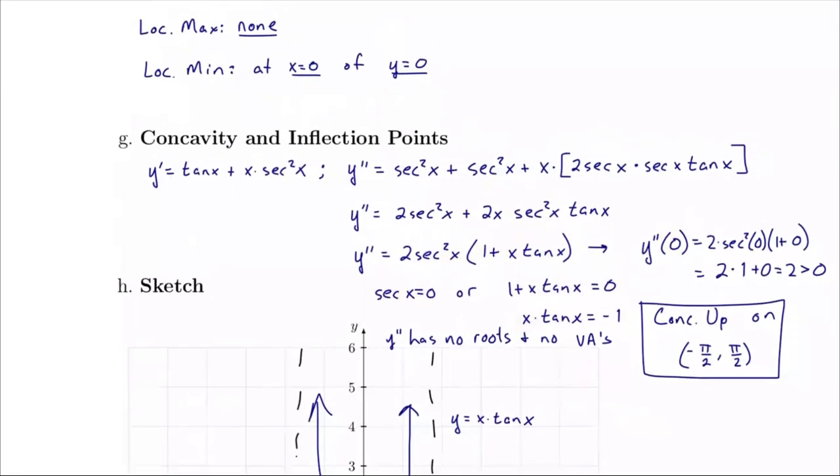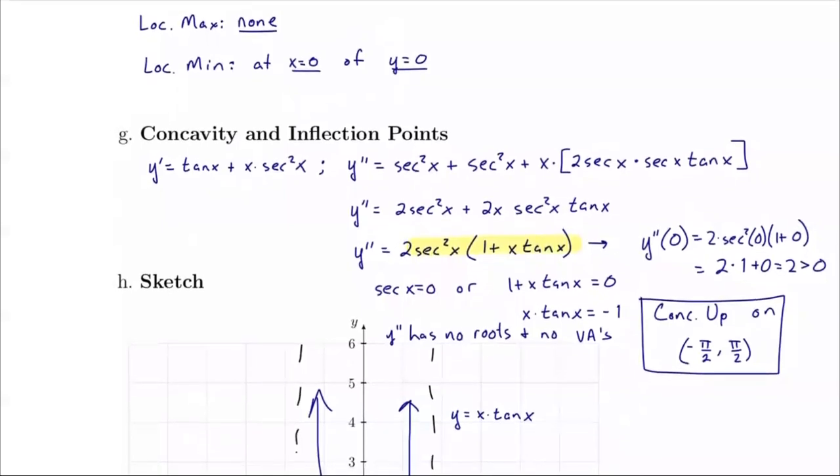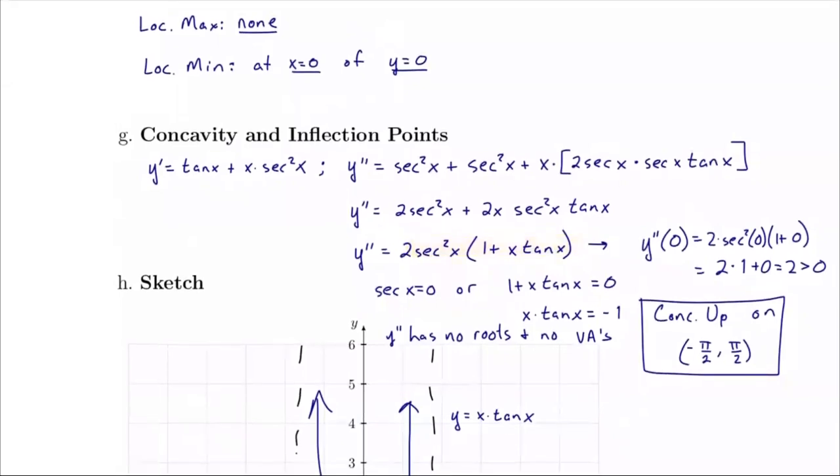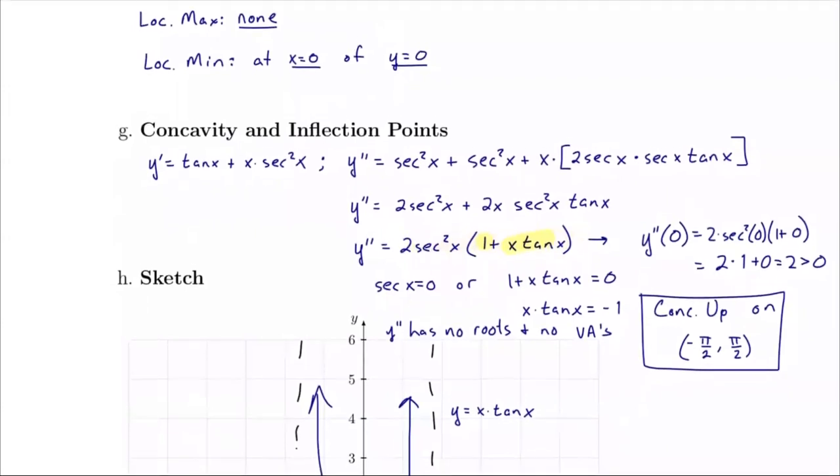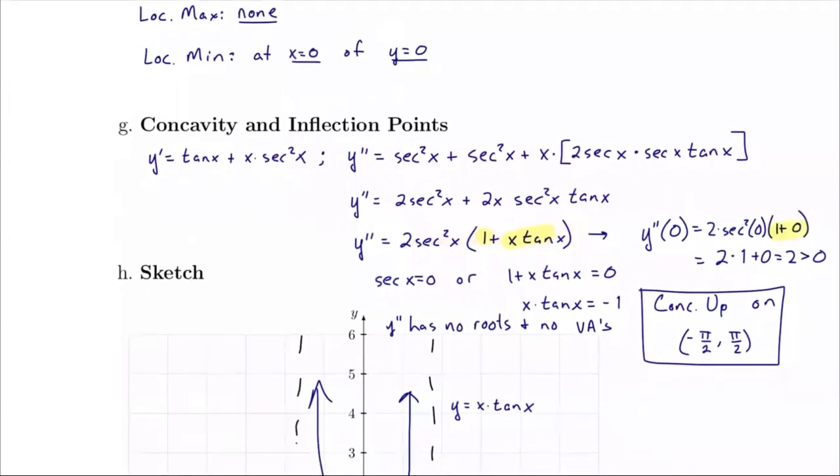So we plug in 0 to this function, and we've got secant squared of 0 is 1 squared, which is 1, and 2 times that 1 is this, and then times 1 plus 0 times tangent 0, so 1 plus 0. So 2 times 1 plus 0. At any rate, this is 2.